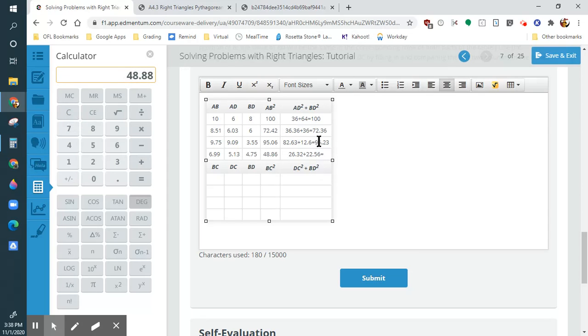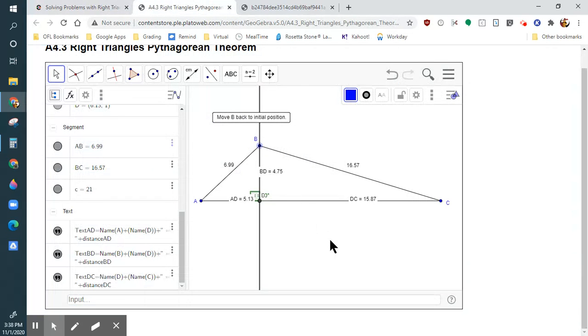Okay, 48.88. So there, like I said, there is that round off error, but if you look at these equal signs, they're actually pretty close. This one's spot on because it was nice and even. Round off error causes a lot of problems.